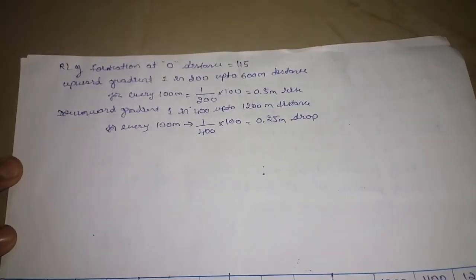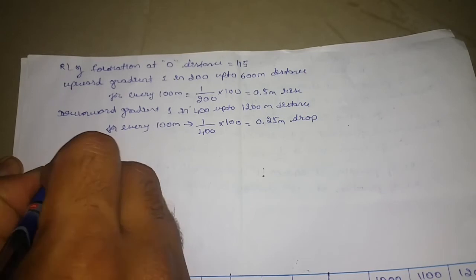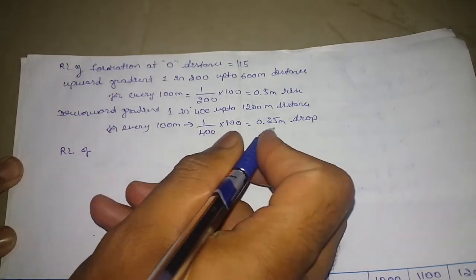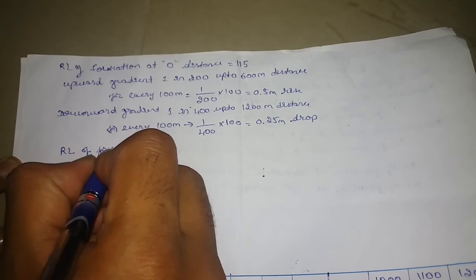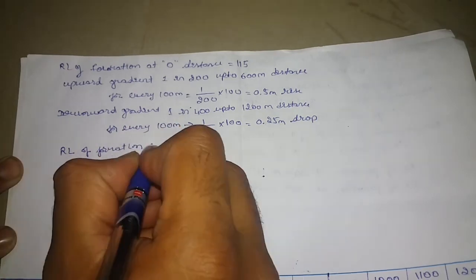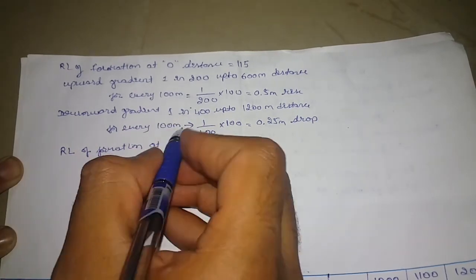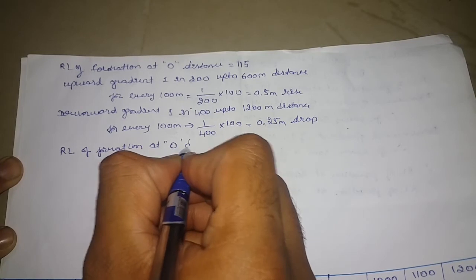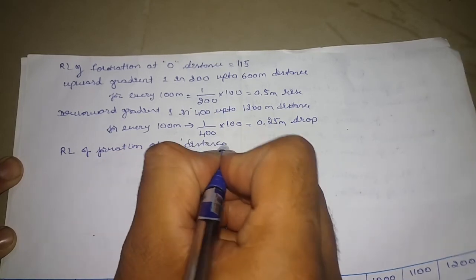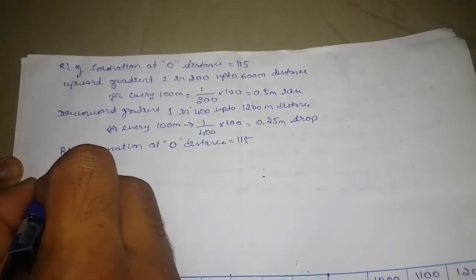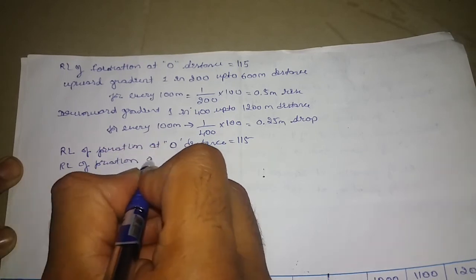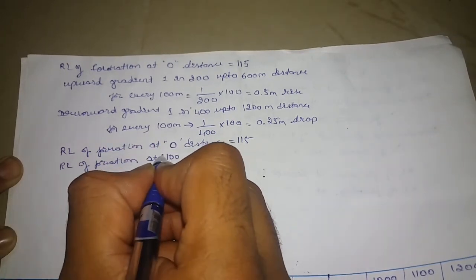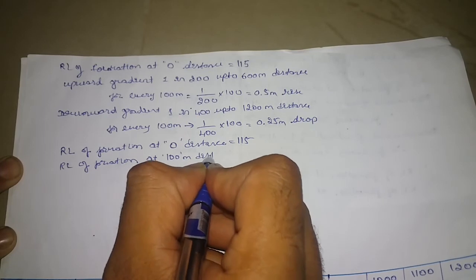Now what we need to find is the RL of the formation. Based on this drop and this rise, we will find out the RL of the formation. The RL of the formation at zero distance is given in the question. At this zero distance it is 115. Similarly, the RL of the formation at 100 meter distance, how much?